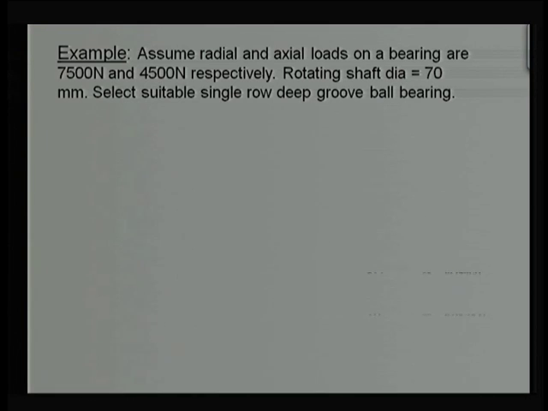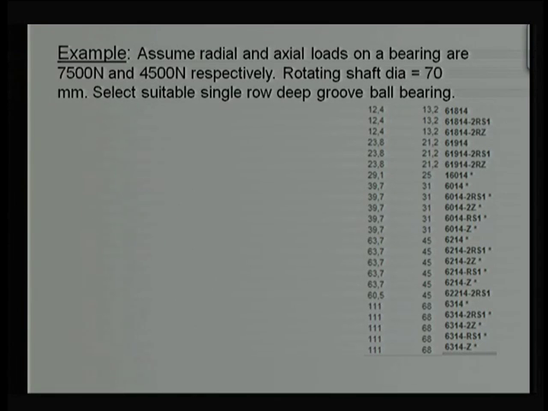Based on the bore diameter we select the 14 series, because to find the bore diameter we multiply the last two digits by 5. So 14 into 5 is 70. All these bearings have a bore diameter of 70 mm, and we are going to choose a bearing among them.